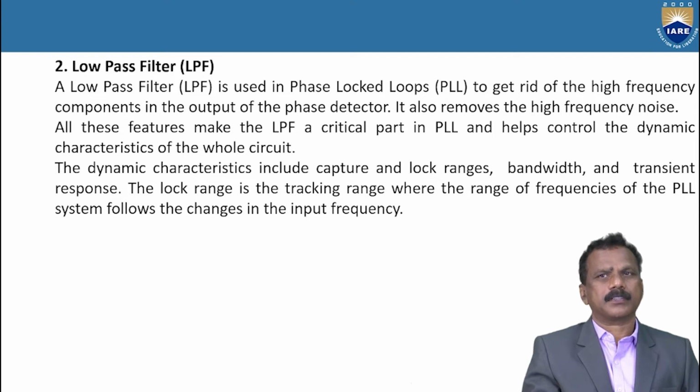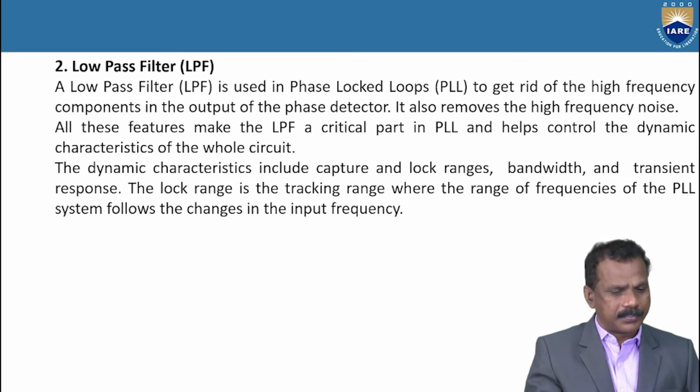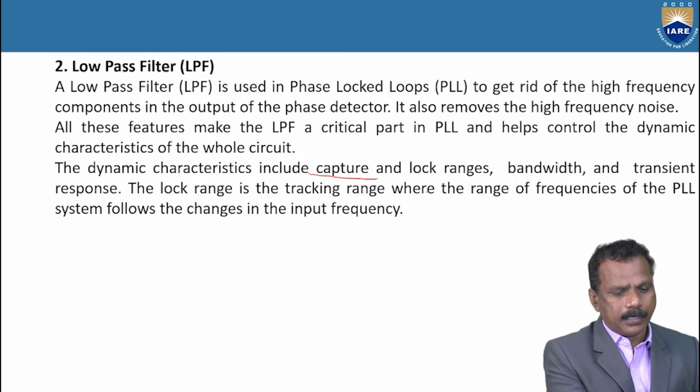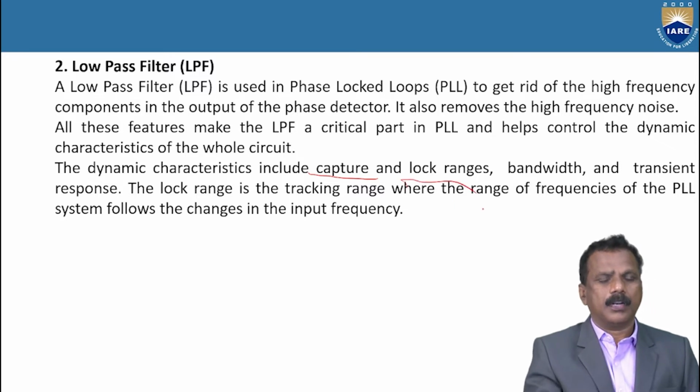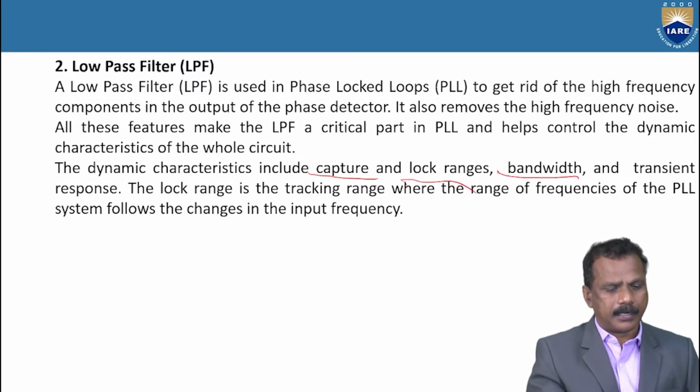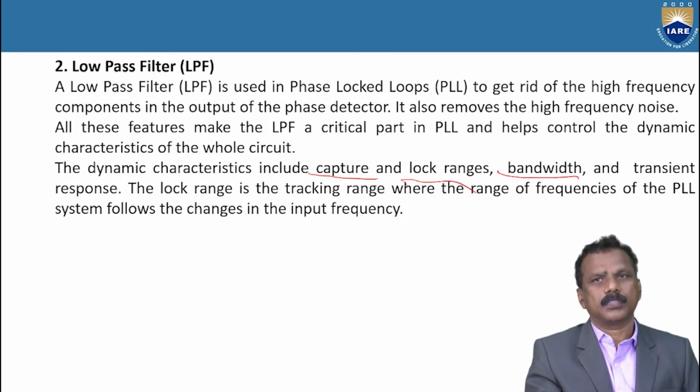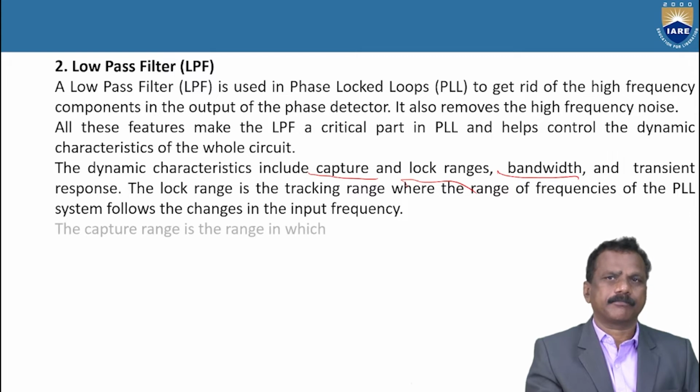The dynamic characteristics include the capture and lock ranges, the bandwidth, and the transition response. The lock range is the tracking range, the range of frequencies over which the PLL system follows the input frequency.